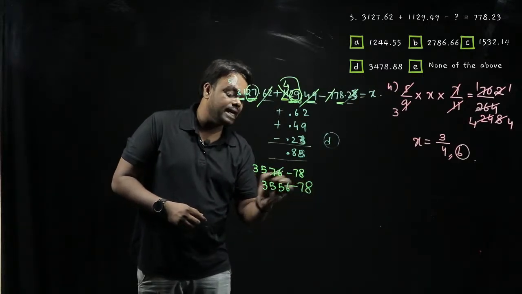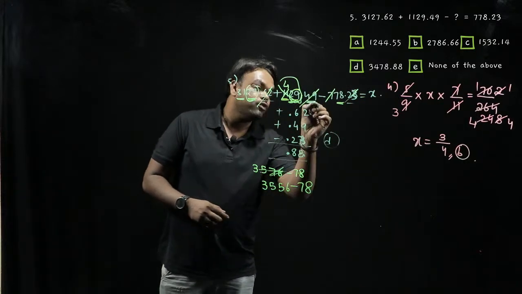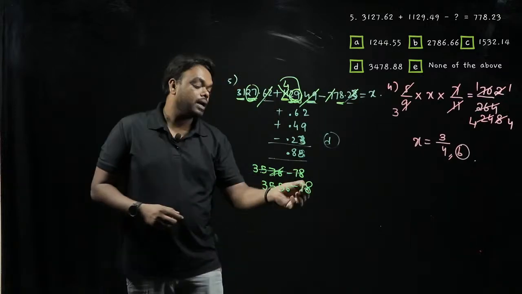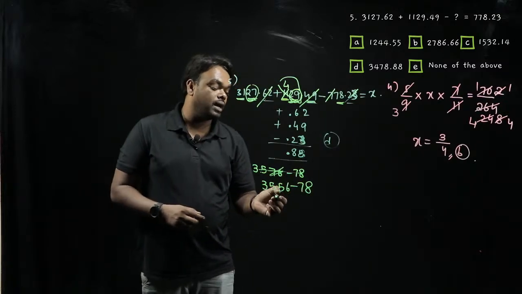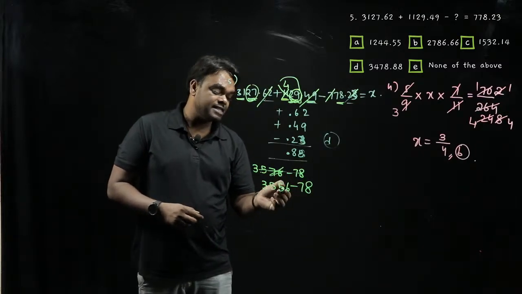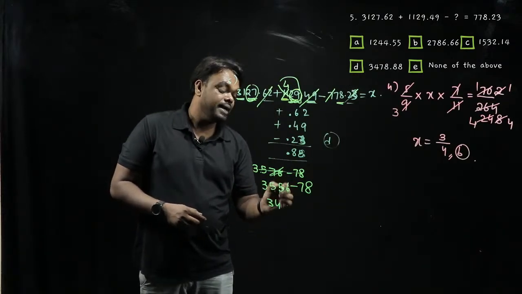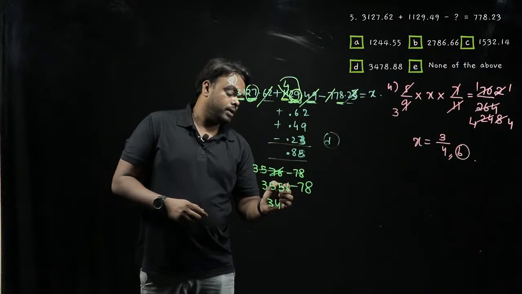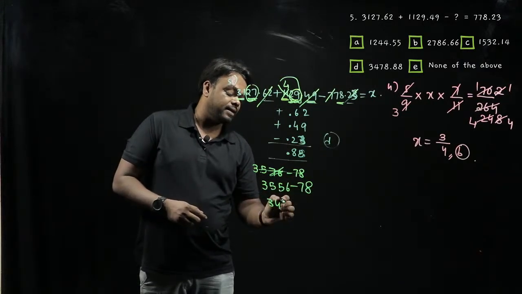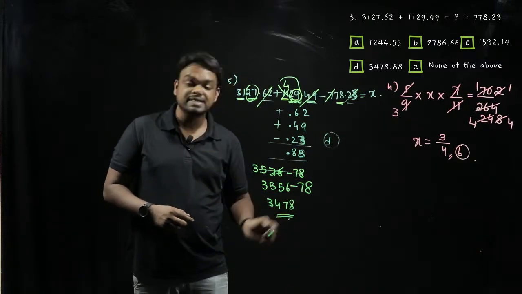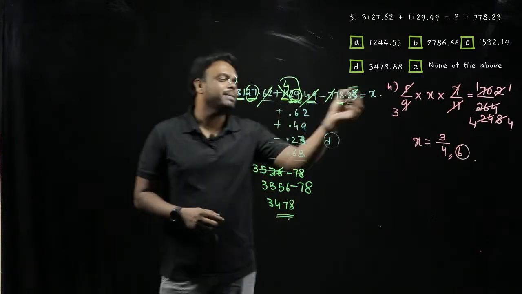I'm sorry, 76 came earlier because I had added 0.49 as 49. Now subtract from here, what will it be? So I first take out 70, and it becomes 3486. Then 86 minus 8, that becomes 78. I get the option 3478. Now we just eliminated the decimal part.